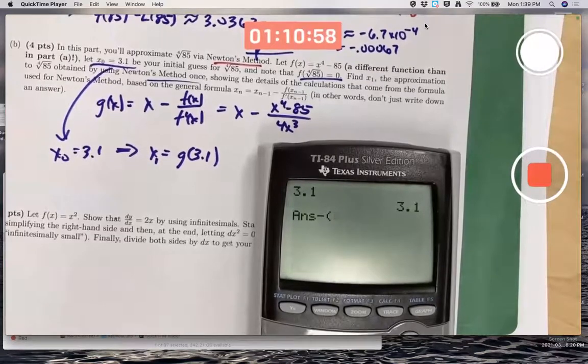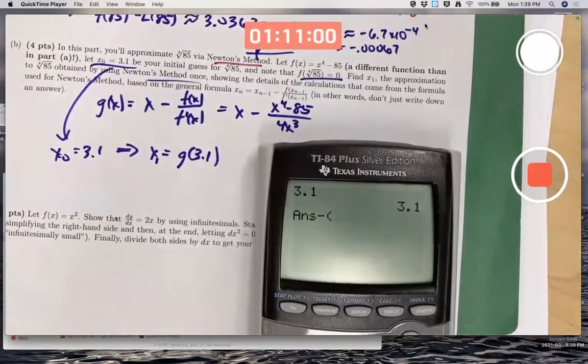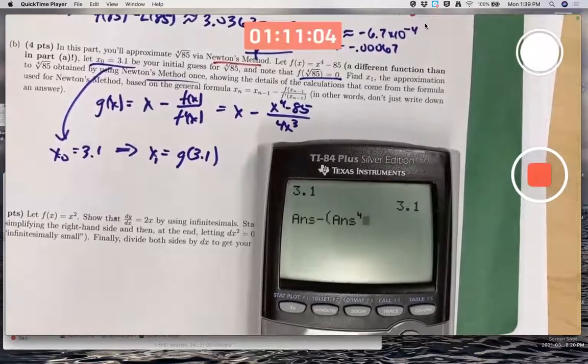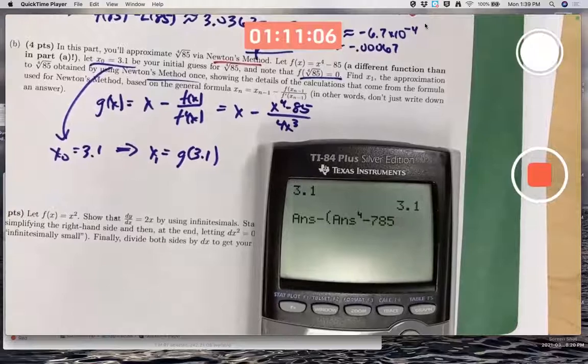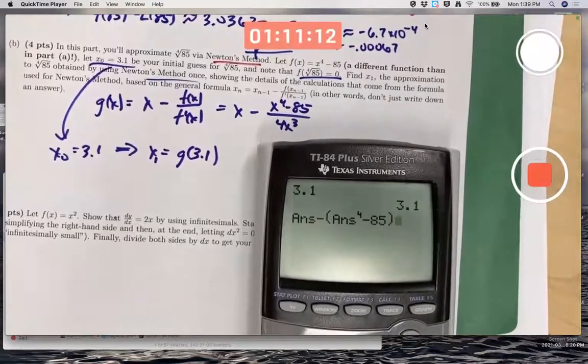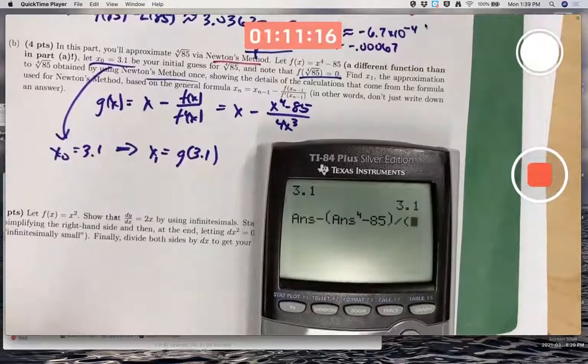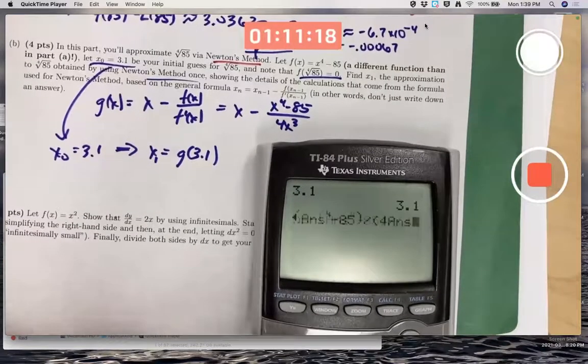Got to be careful to use parentheses. x to the fourth would be ans to the fourth, minus 85. And don't make a mistake like that. Divided by, use parentheses again, 4x cubed is 4 ans cubed.